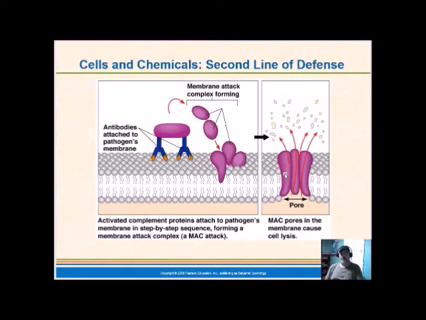We have to be making antibodies against it. But the complement system itself reacts the same way to every microorganism. So although it's activated by our specific immune system, it is a general immune system response.